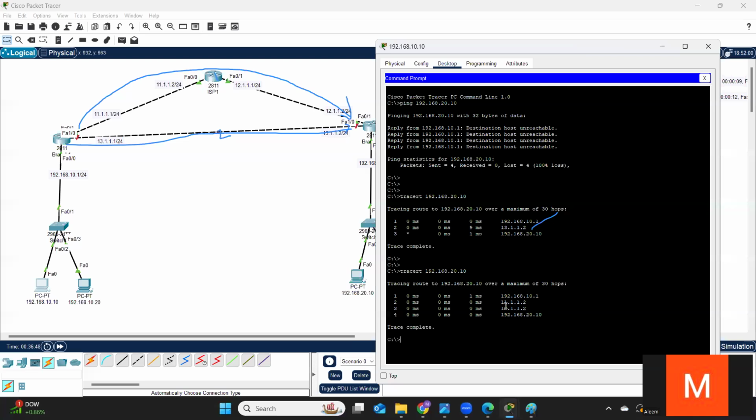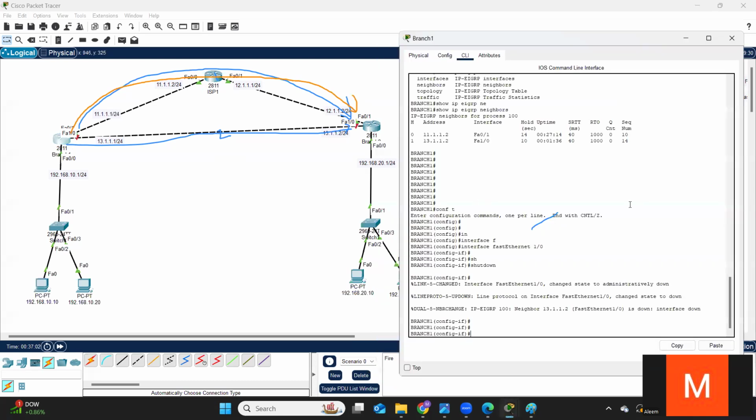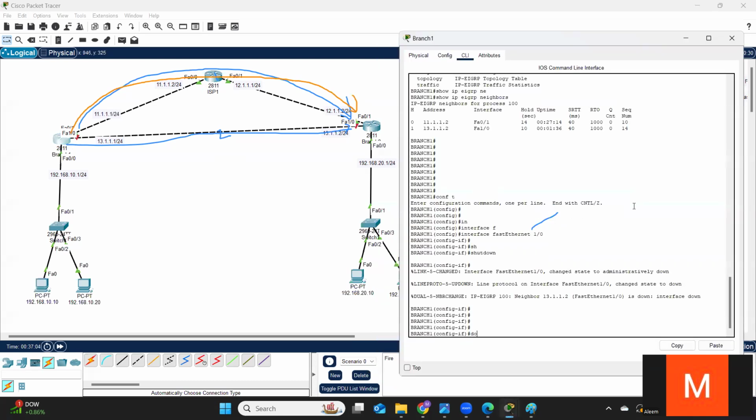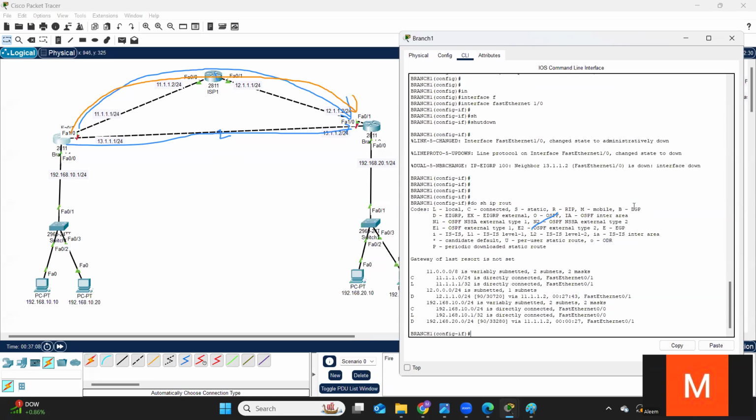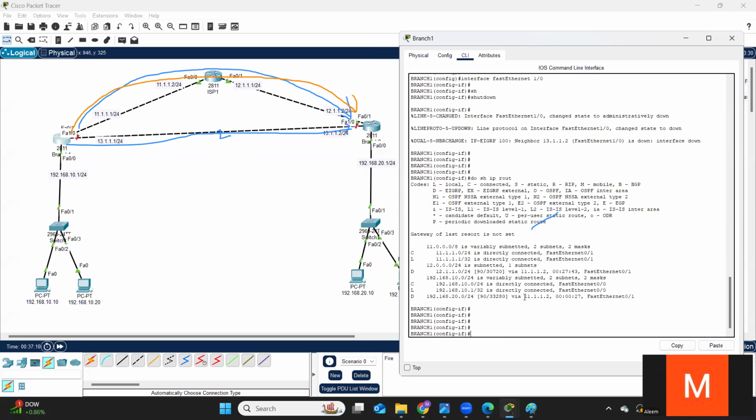Now it is using this path, because the other path is gone. You can verify through the routing table also with show ip route. You can verify here also; this is the next IP address.